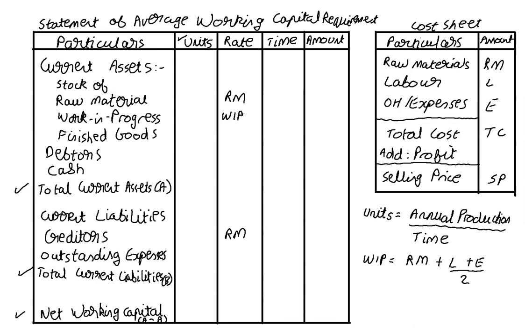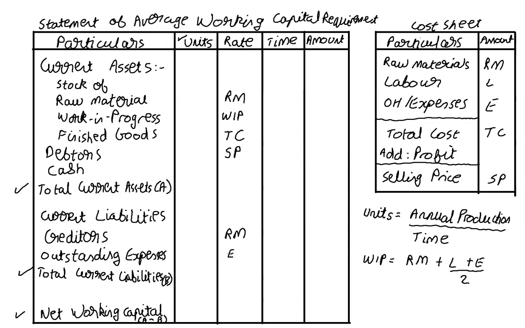So we place whatever we get as WIP here. Finished goods are valued at total cost. Debtors are normally valued at selling price unless in the question they ask you to value it at total cost. As far as your expenses are concerned, whatever those relevant expenses are, you can mention here.